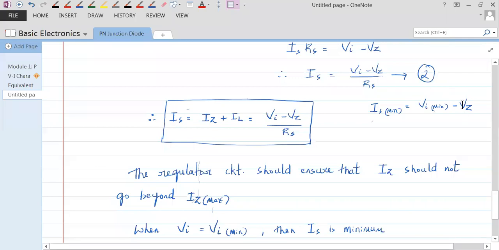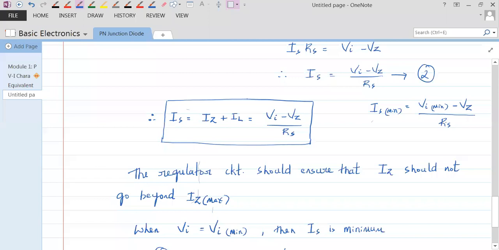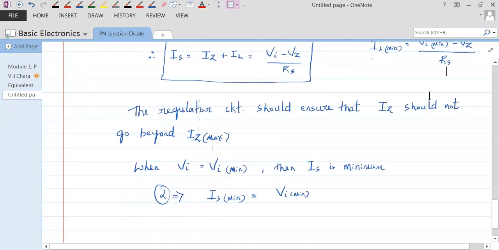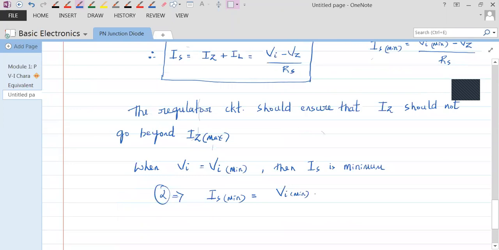Because Vz is constant, that is why it is used as a voltage regulator. So I can say Vi is minimum, so Is is minimum, but Vz would be the same, divided by Rs, which is a resistor that is connected there. Get this point, everybody? So this is how equation 2 would look when Vi is Vi minimum. So Is minimum is Vi minimum minus Vz by Rs.